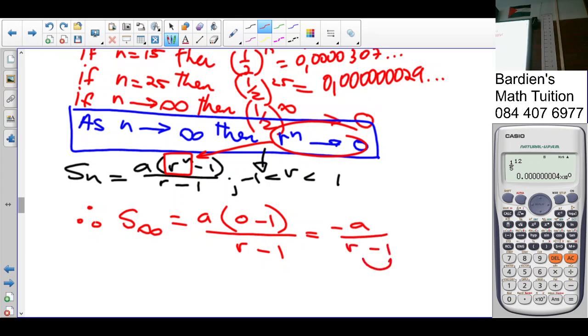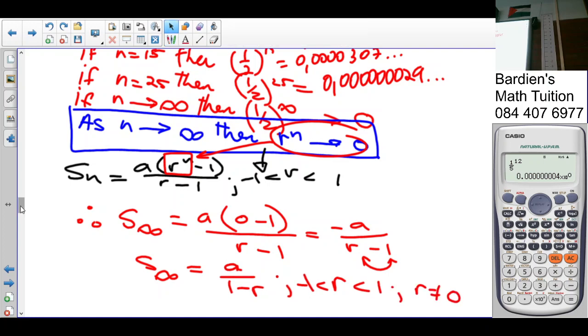What will happen if I swap this around? Negative comes out, making this negative a positive. So S infinity is equal to a over 1 minus r, provided that r is greater than minus 1 but less than 1. Well, r is not equal to 0.